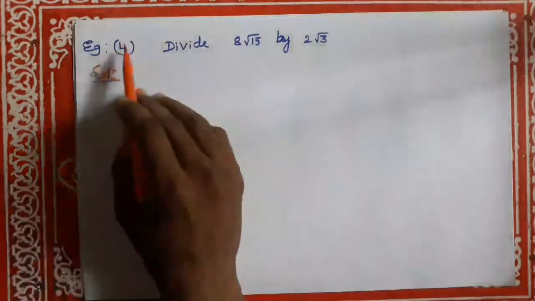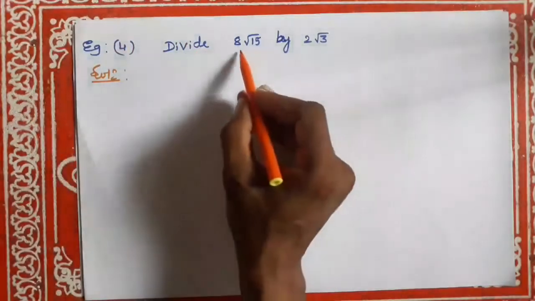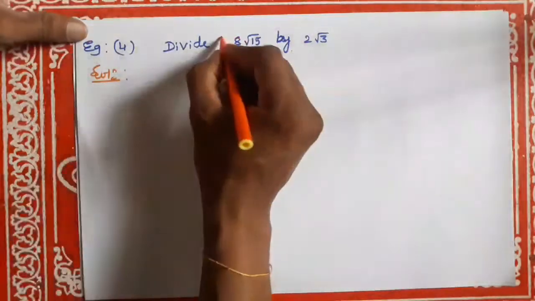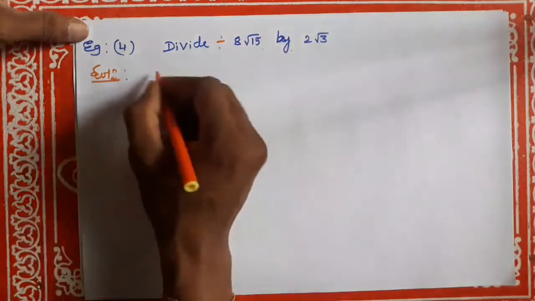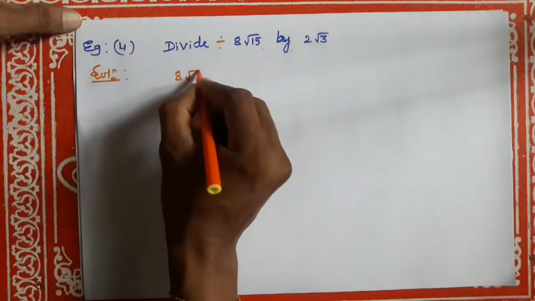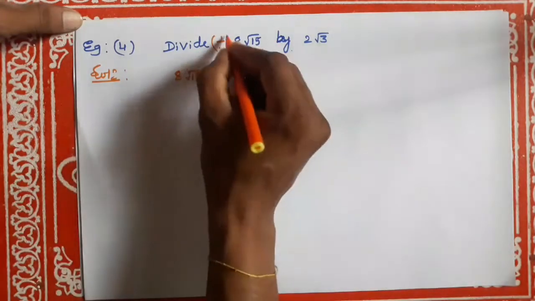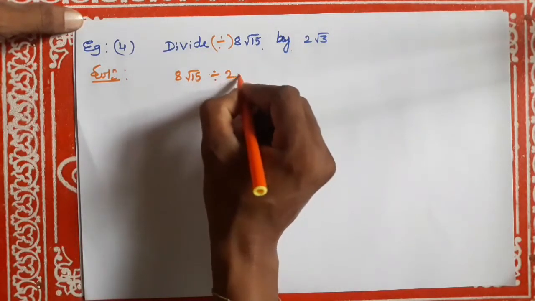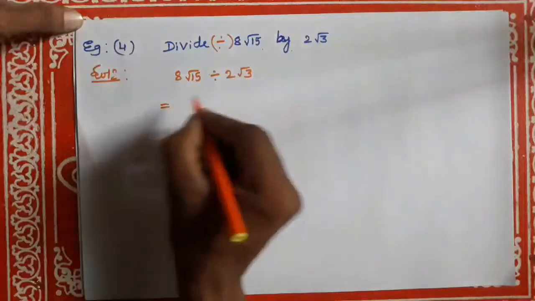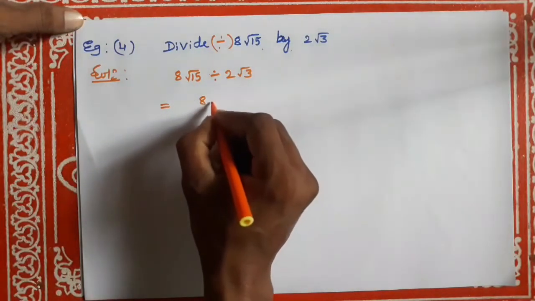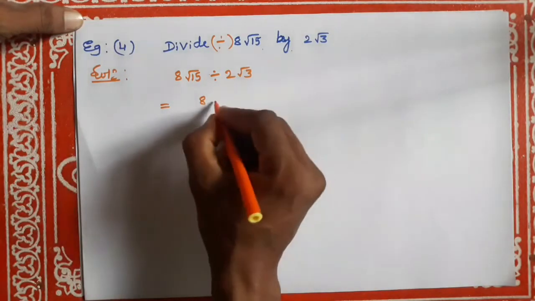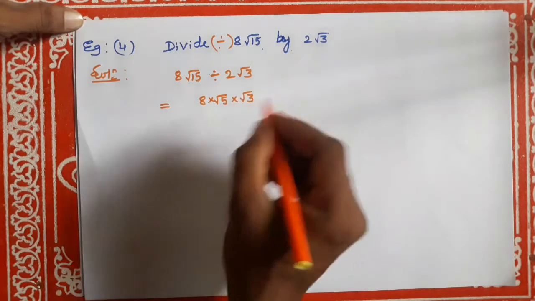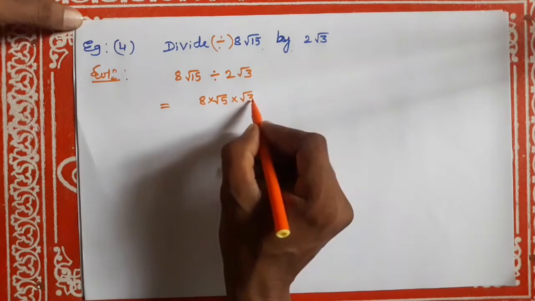Dear students, fourth example: divide 8 root 15 by 2 root 3. Divide means the division sign. That is 8 root 15 divided by 2 root 3. How can you write 8 root 15? Root 5 into root 3, since 5 threes are 15.